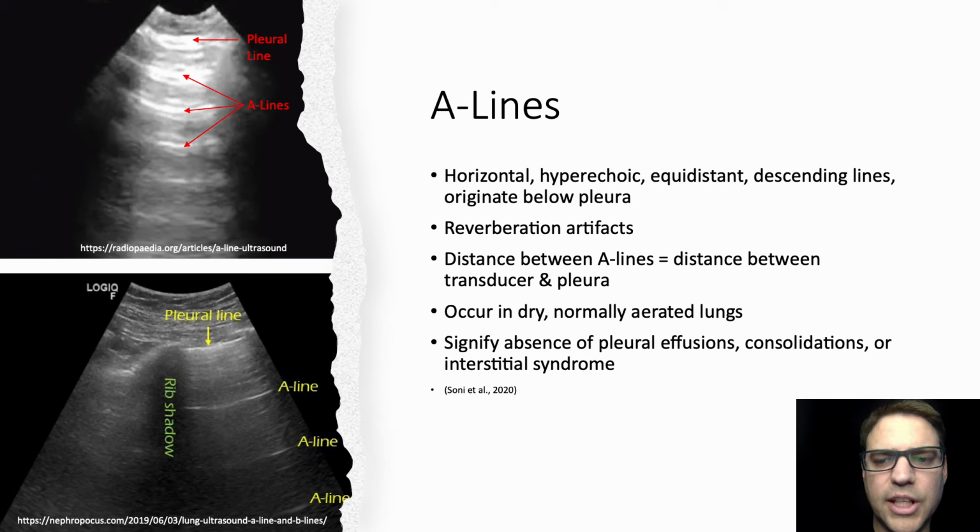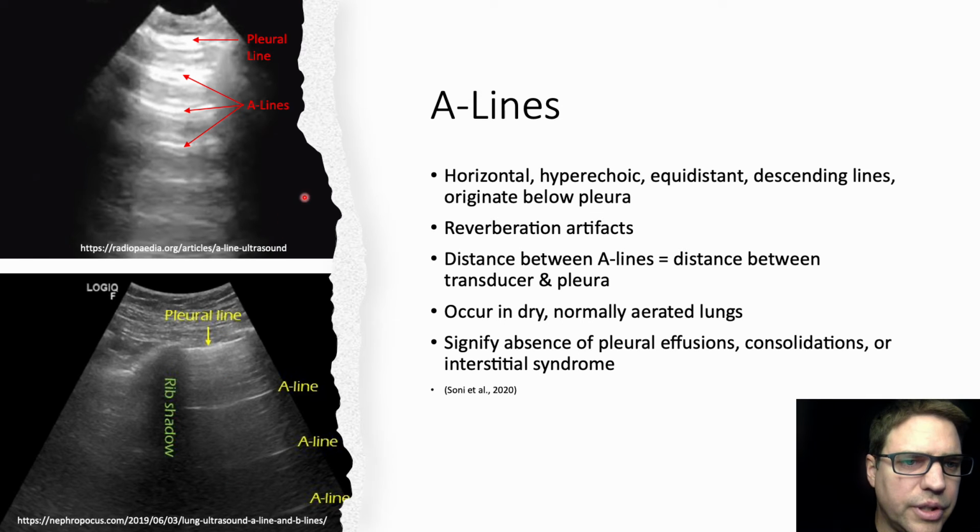The distance between each consecutive A-line equals the distance between the transducer and the pleural line. A-lines occur in dry, normally aerated lungs, and they signify the absence of pleural effusions, consolidations, or interstitial syndromes in the area being examined.